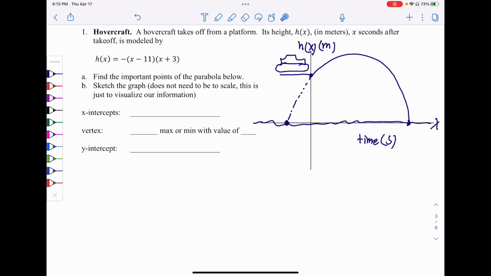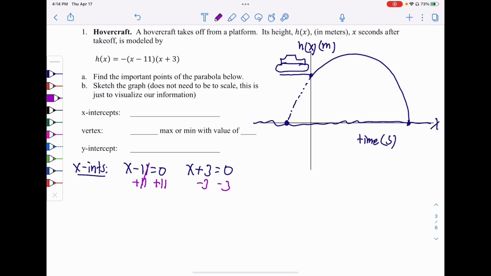Okay, so we're going to find the x-intercepts first, our pointed points. So x-intercepts, we set each factor equal to 0. So x minus 11 equals 0, x plus 3 equals 0. Solve each one separately. x equals 11, x equals negative 3.